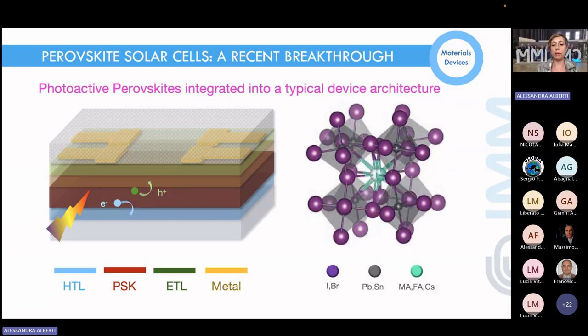Methylammonium, formamidinium, or cesium are the ones mostly used. So you prepare the material and you integrate it inside a device in which, as soon as you shine light, you create electron and hole couples that must be efficiently extracted by using electron transporting and hole transporting layers. This is the basic principle.